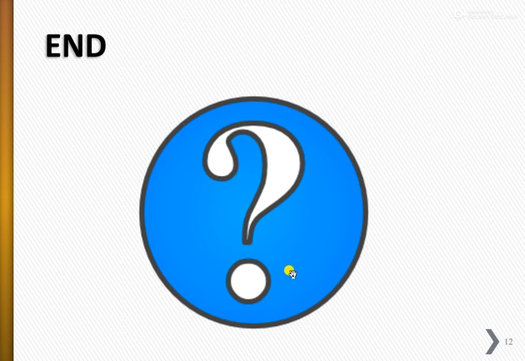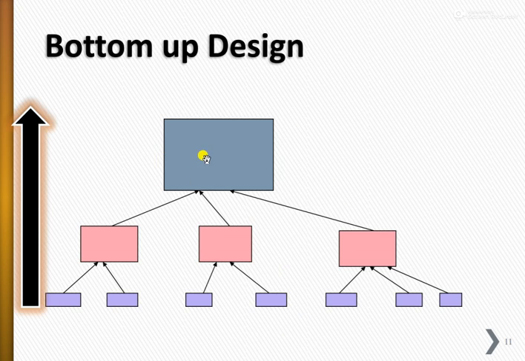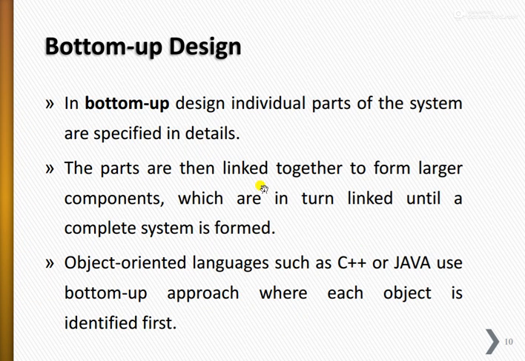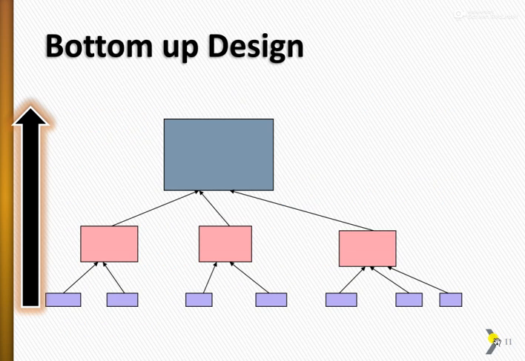I have given these slides for basic information, so you can understand, because in C++ or Java we can use this bottom-up approach many times, because we always go for defining the objects first, then we go for the main programming part. So you can understand how we can design the bottom-up approach. You can go for more about these things in books or in literature on the internet.